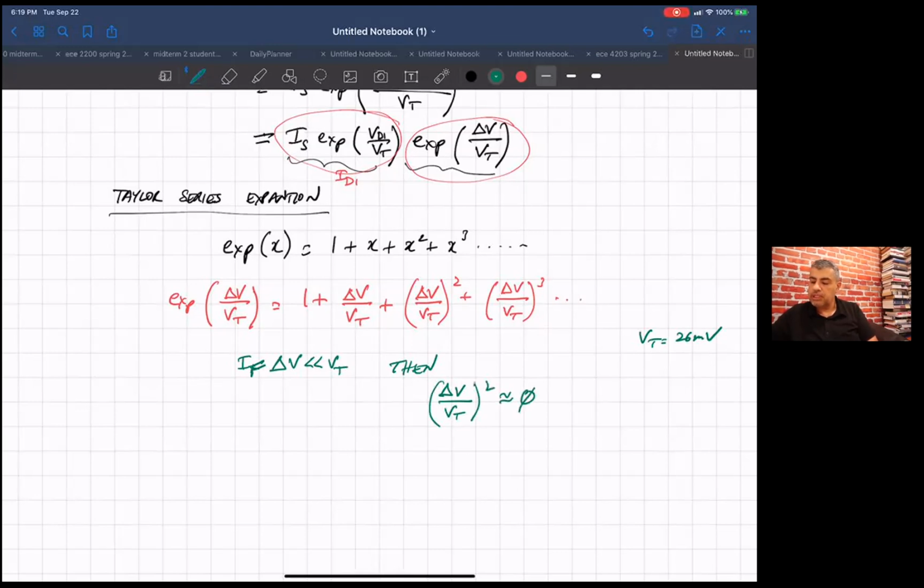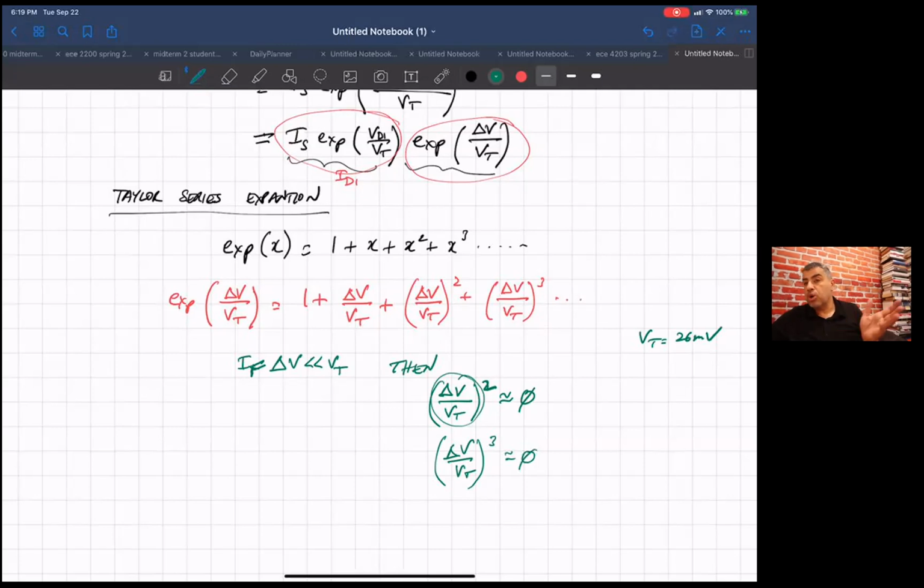If this is a small number, you square it, you get an even smaller number. And (delta V over V sub T) cubed is also approximately 0.